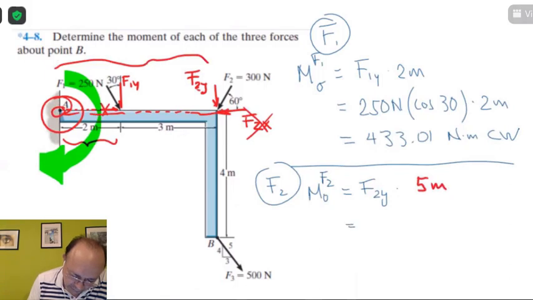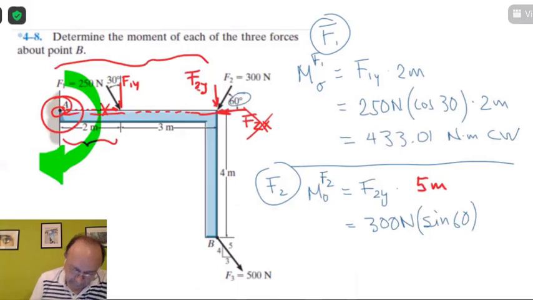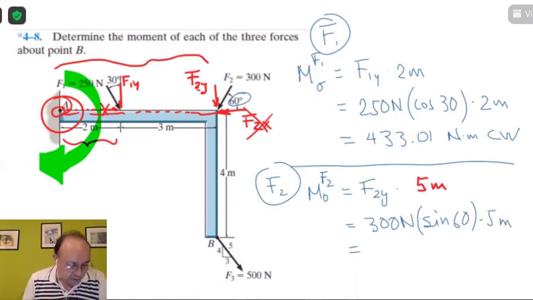So the moment will be F2y, which is F2, 300 times sine 60, right, from this angle here. I hope everybody is very good at that already. Multiplied by 5 meters. So this will be very quickly 300 times sine 60 times 5.